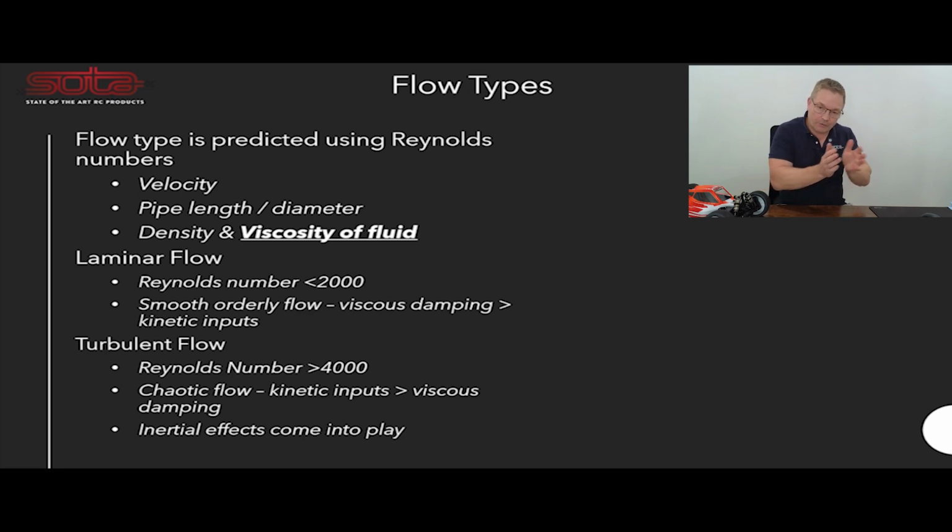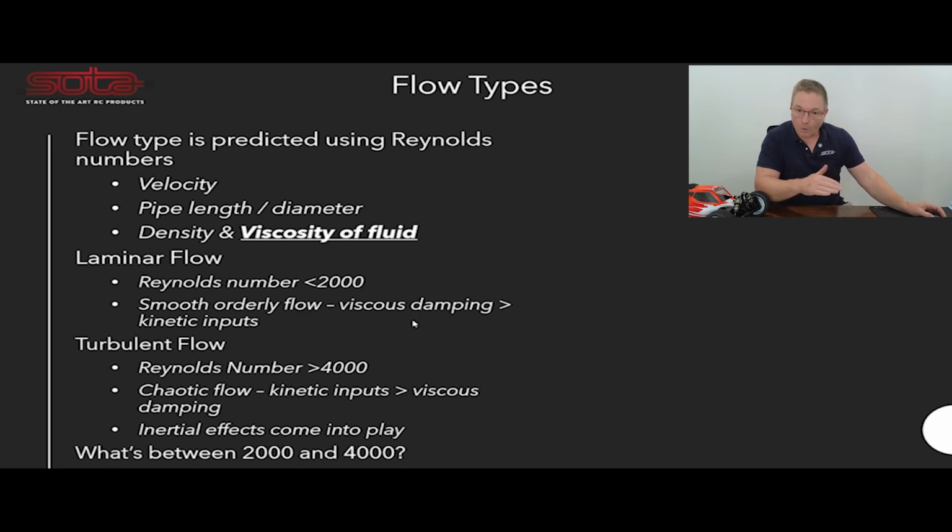So shear is still there, but it is not the prevalent form of friction. The inefficient flow is what really starts impacting on that force. And again, that's why you get that massive ramp up in the turbulent flow.